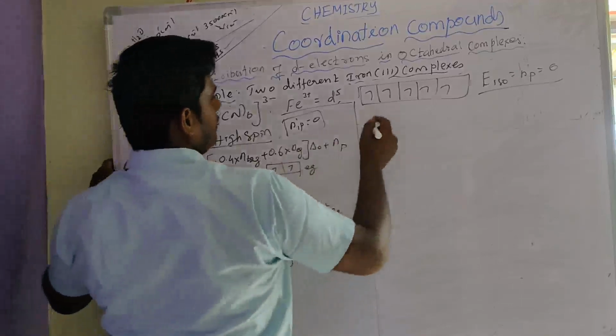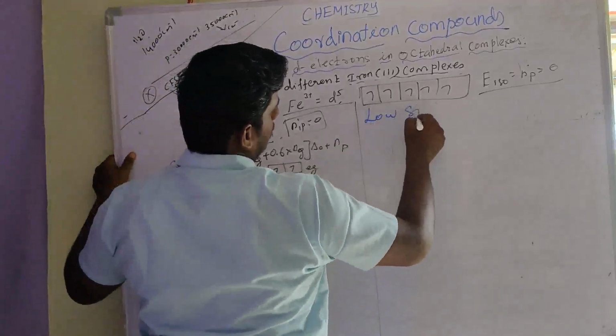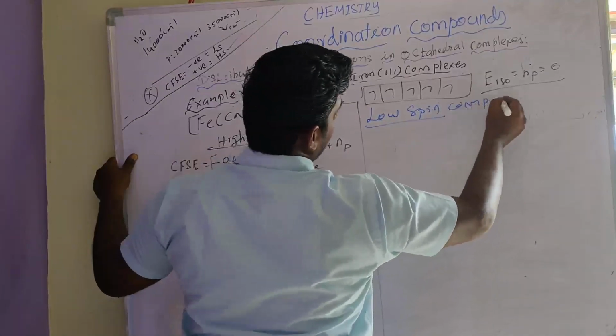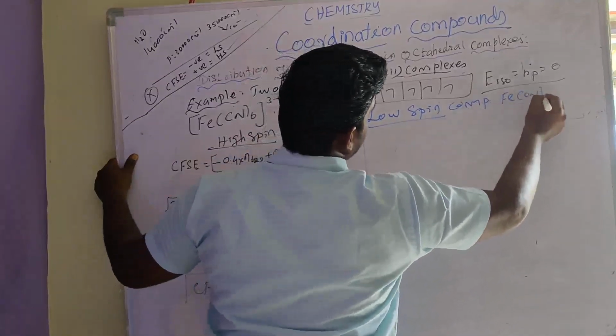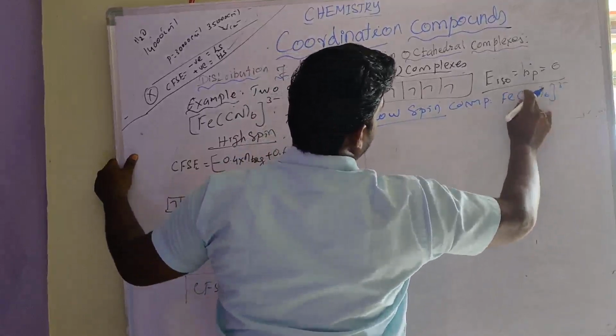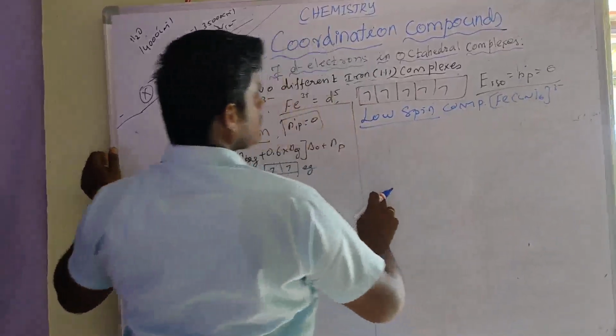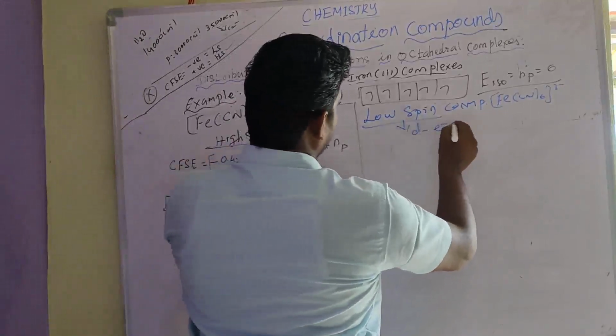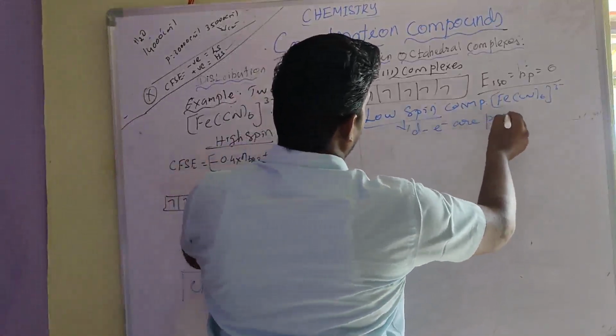the low spin complex for [Fe(CN)6]3-. Low spin means electrons are paired.